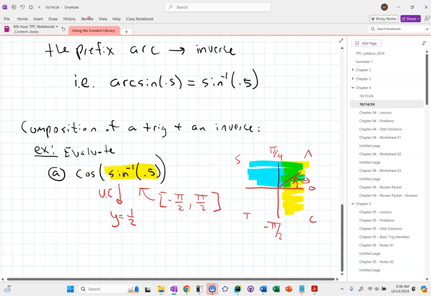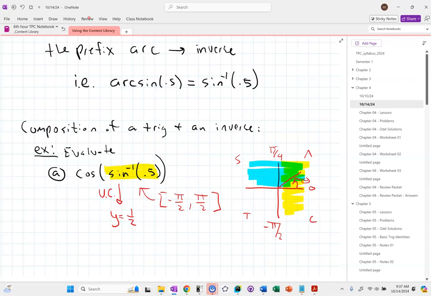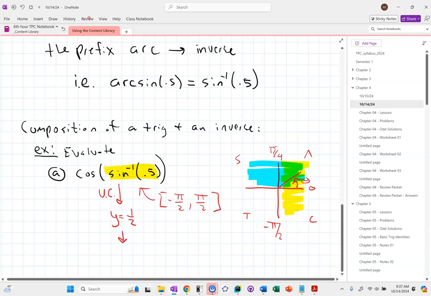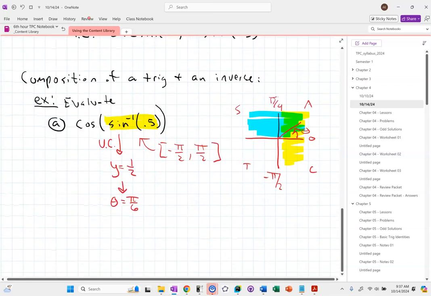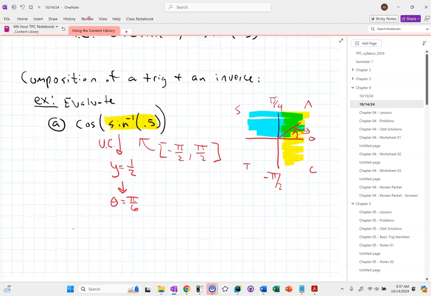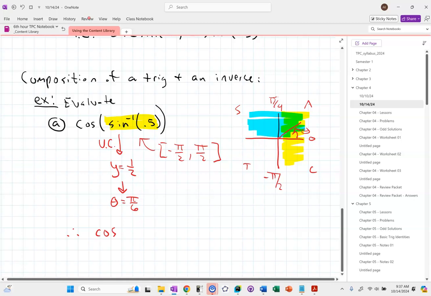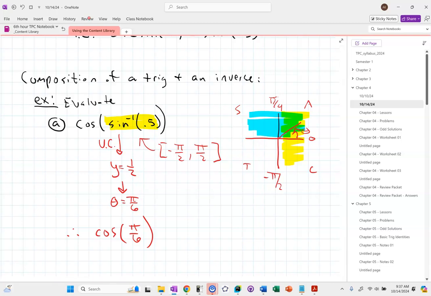What angle measure in radians has a y coordinate equal to 1/2? Pi over 6. So what we have then is cosine of pi over 6. Everybody's okay there? We dealt with the inner piece.